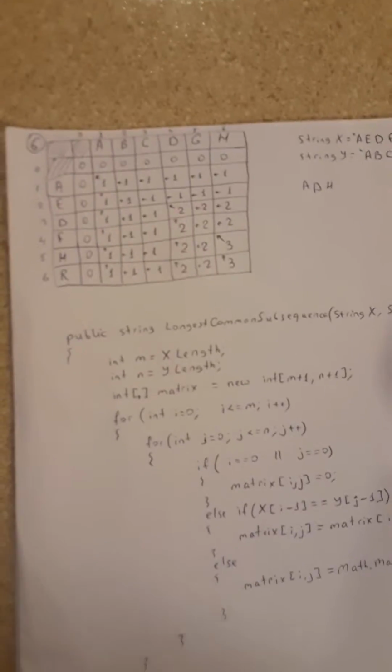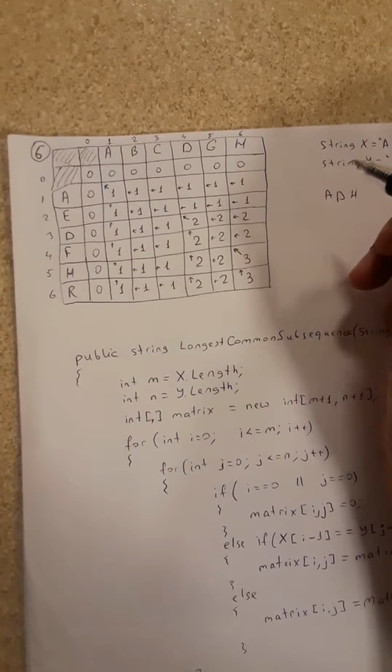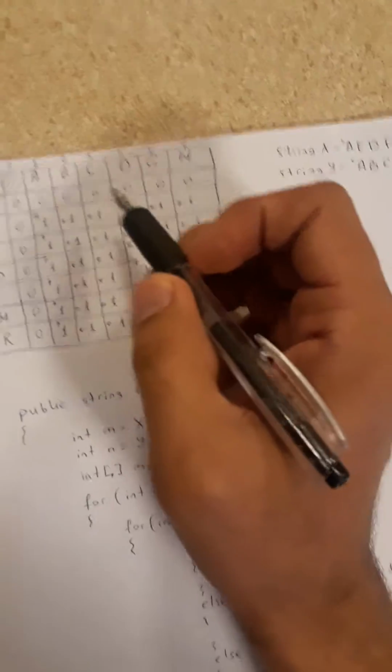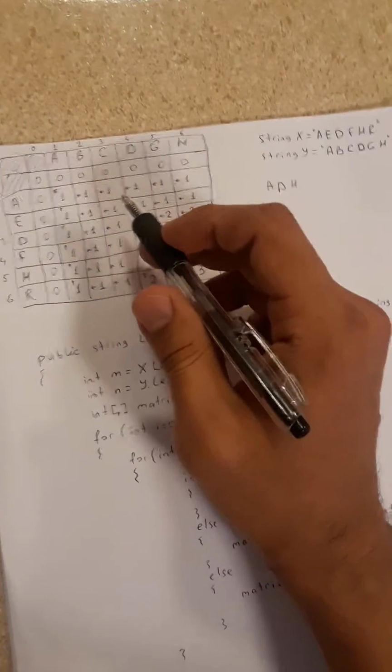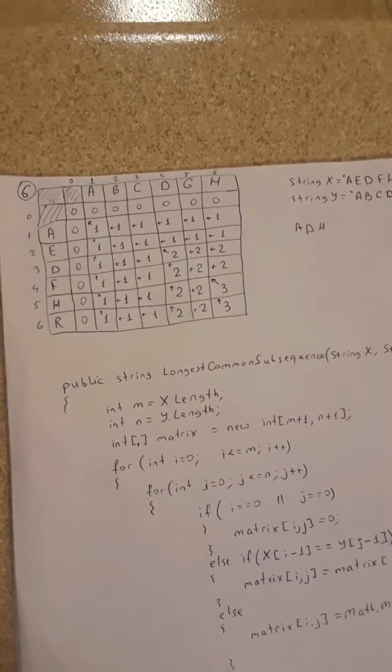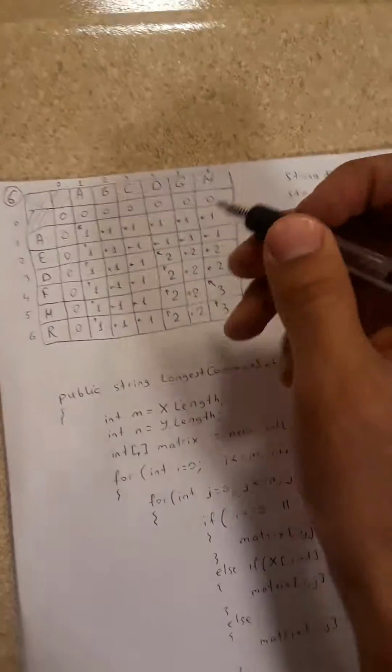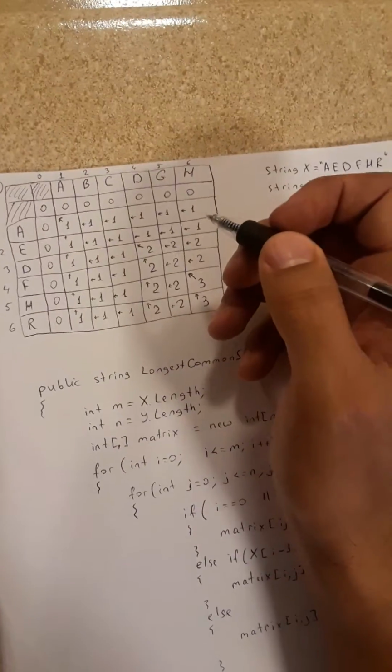And how are we going to find it in our function? In order to find the longest common subsequence from the two given strings, we need to create a matrix of these two strings. I already created the matrix here, just not to spend my time filling in all the numbers.